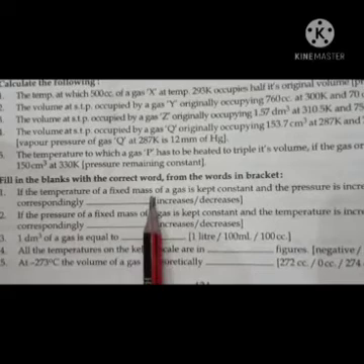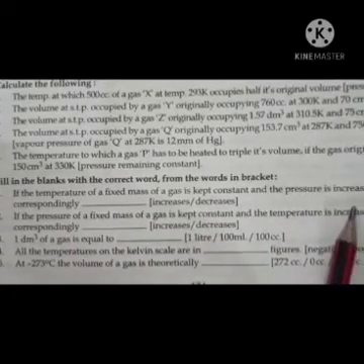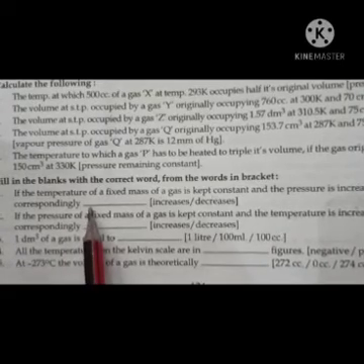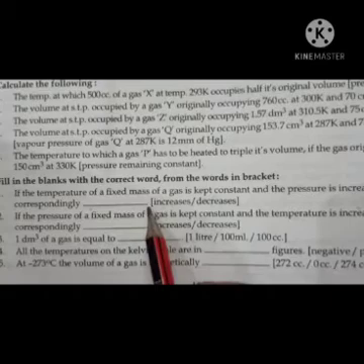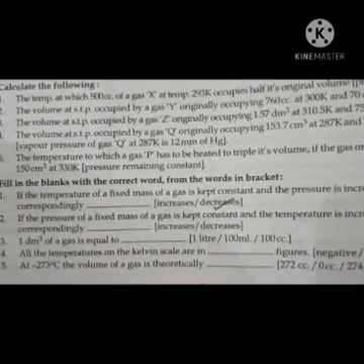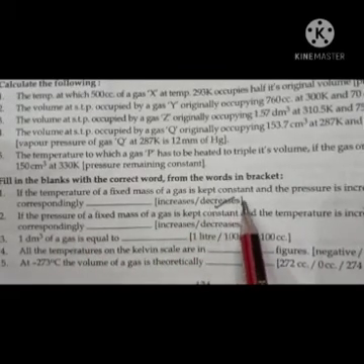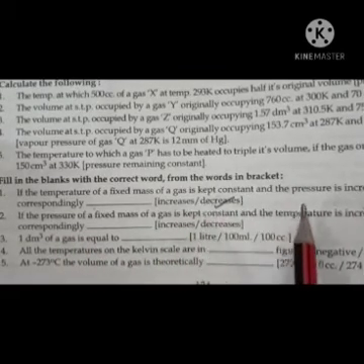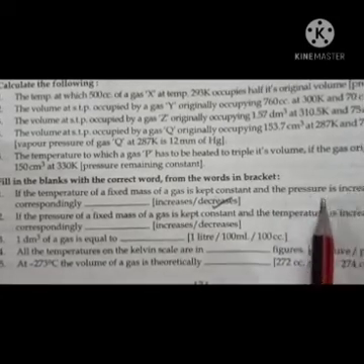If the temperature of a fixed mass of gas is kept constant and the pressure increases, the volume correspondingly decreases, because according to Boyle's law, volume is inversely proportional to pressure. So if pressure increases, volume decreases.